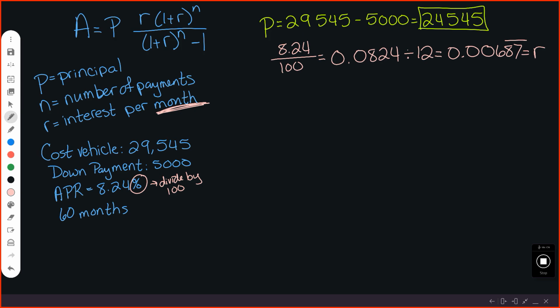So that's what I'm going to use for R. Notice there are 2 zeros here. That's really important. And then the last one is N, and N is just 60 because my loan is 60 months long.